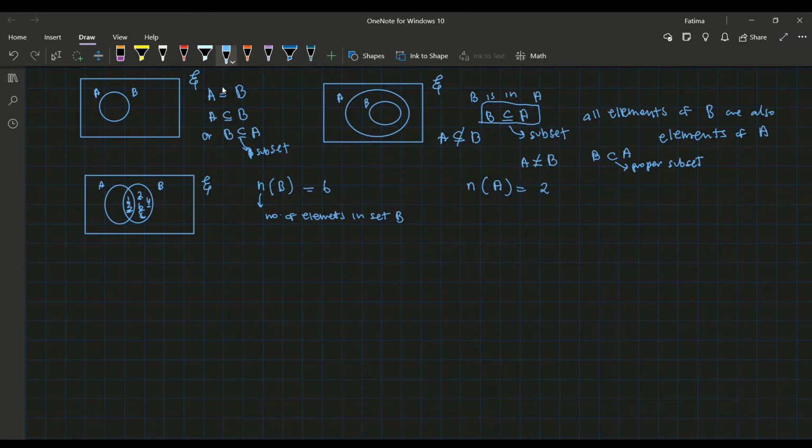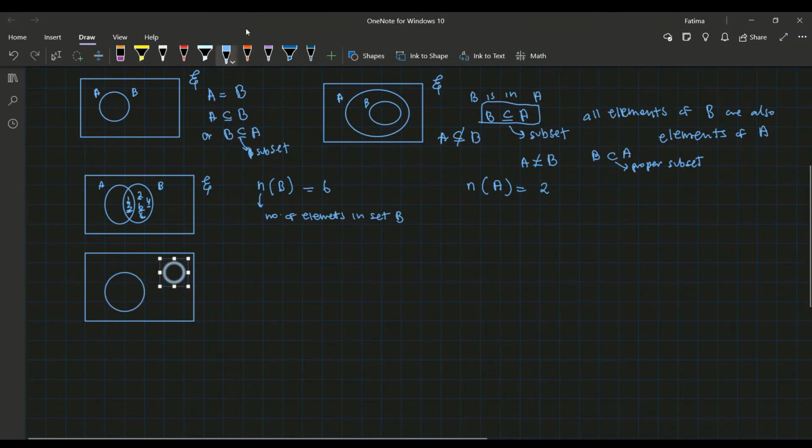There are some cases where, for example, here we have A and here we have B. Let's say A contains a few numbers and B contains nothing. In this case, the number of elements of B is 0.